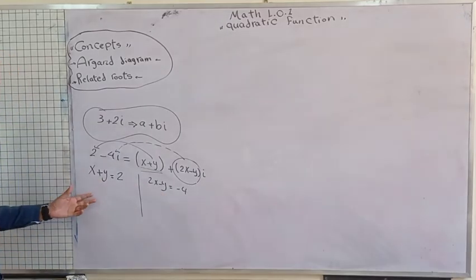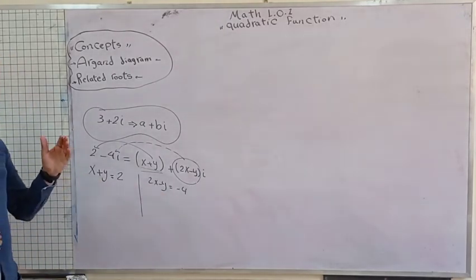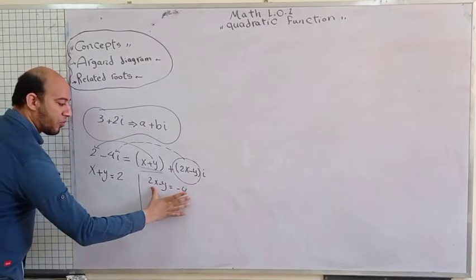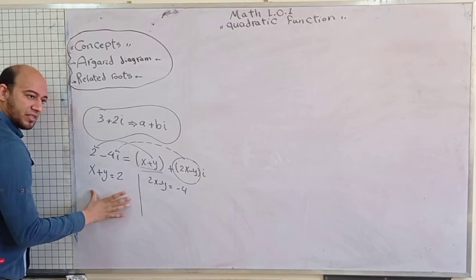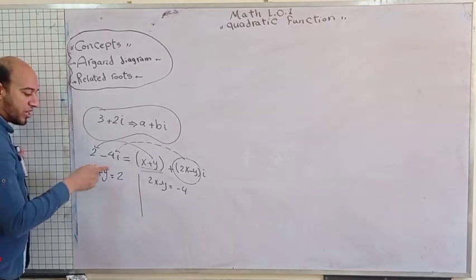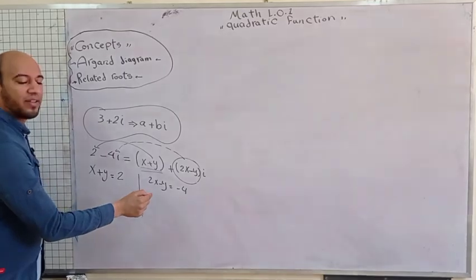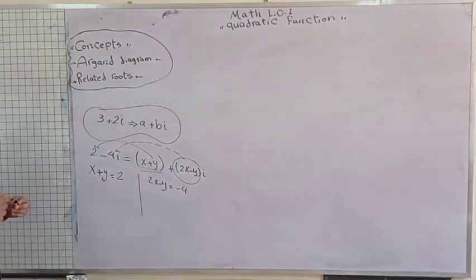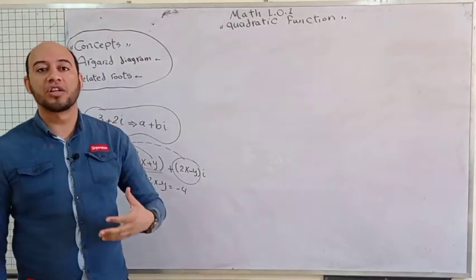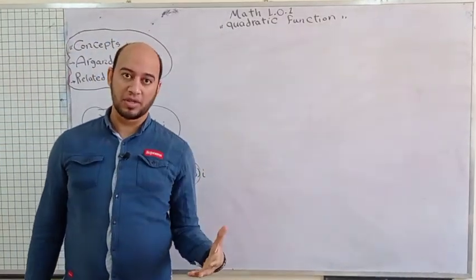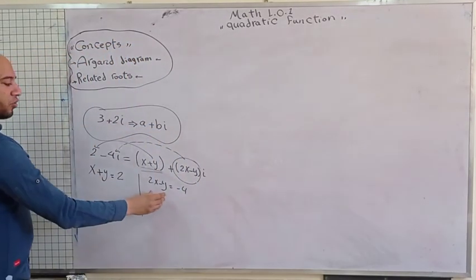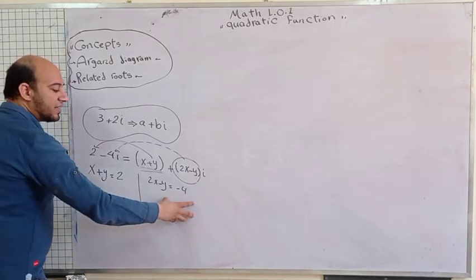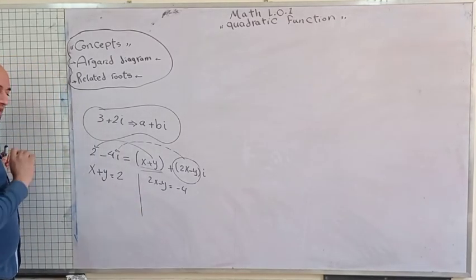To solve these 2 equations, we can use the elimination method. We can take this equation and put it under the other equation, and we add the 2 equations. Y will be eliminated with minus y. We can also use the substitution method. Substitution method depends on making the variable alone in its side, and substituting its value in the other equation.